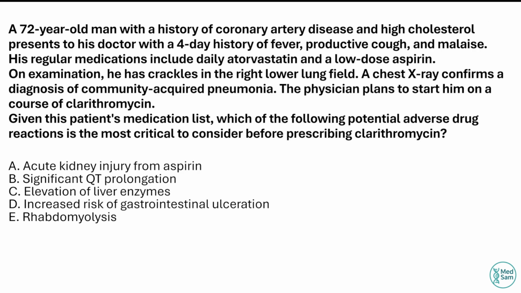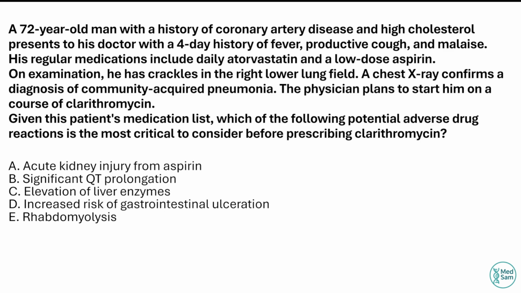Then we return back to our question, and here are the choices. Is it acute kidney injury from aspirin? No. We said aspirin is not metabolized mainly by cytochrome P450. Is it significant QT prolongation? It's not very common with statins. Elevated liver enzymes might be correct. Increased gastrointestinal ulceration is not correct, as we said. And the last choice is rhabdomyolysis. Now we have two possible choices.